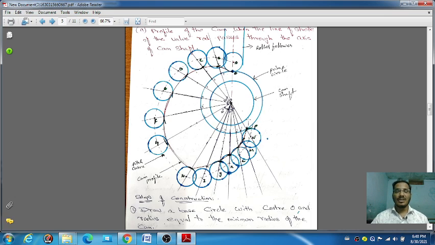How will you construct this figure? This is the accurate figure with those dimensions. First of all, you have to draw this circle.